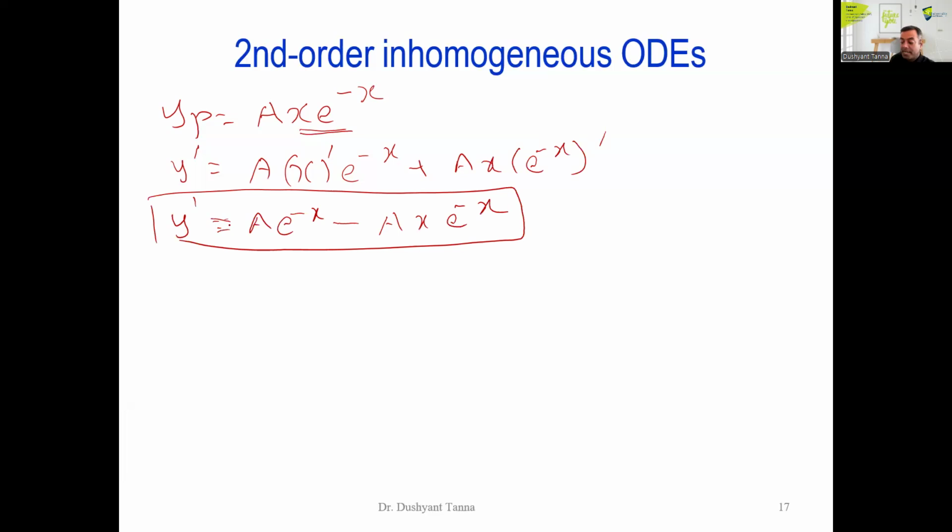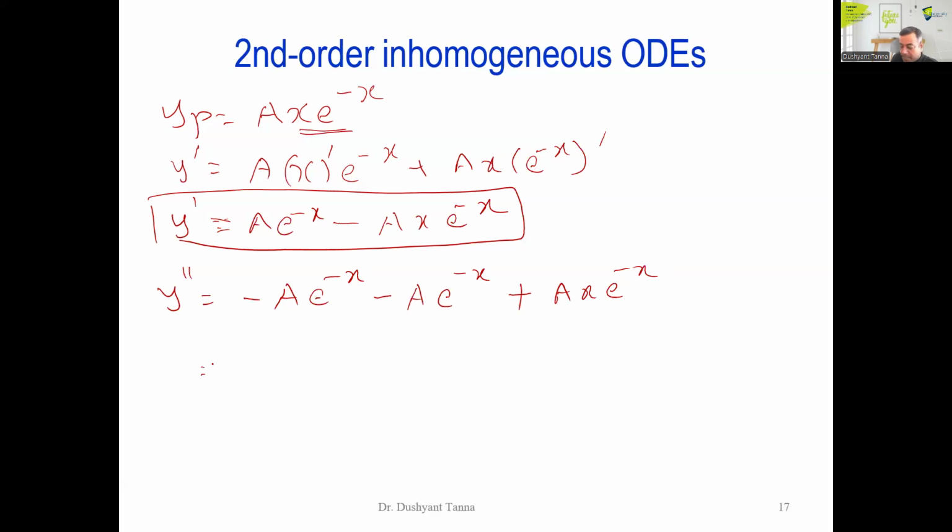Now the second derivative, y double dash. This will be minus e raised to minus x minus a e raised to minus x minus minus plus ax e raised to minus x. If you need to insert one more step, please do it. Right?